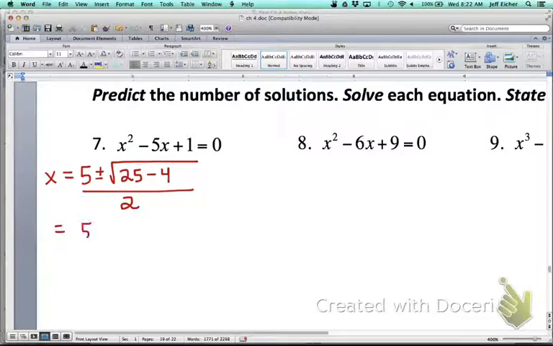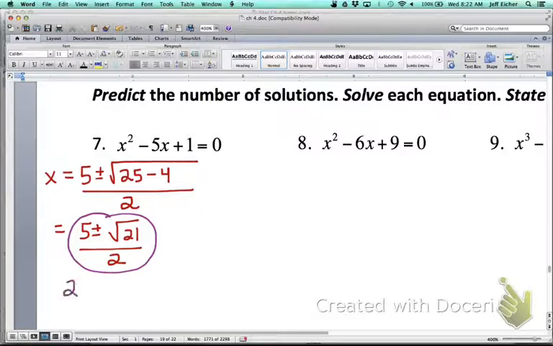Simplifying that, we get 5 plus or minus the square root of 21 over 2. Square root of 21 doesn't have any factors that we can factor out. So it looks like these are our 2, and they would be real numbers, particularly irrational numbers. 2 irrational number solutions, which should make sense. A quick graph, it probably is just going to look something like that. Just a regular old parabola.